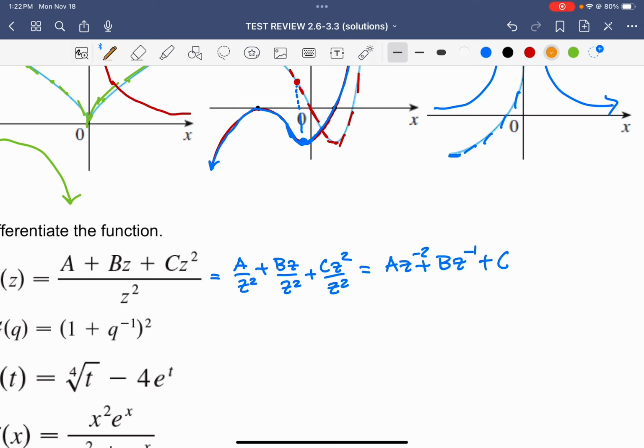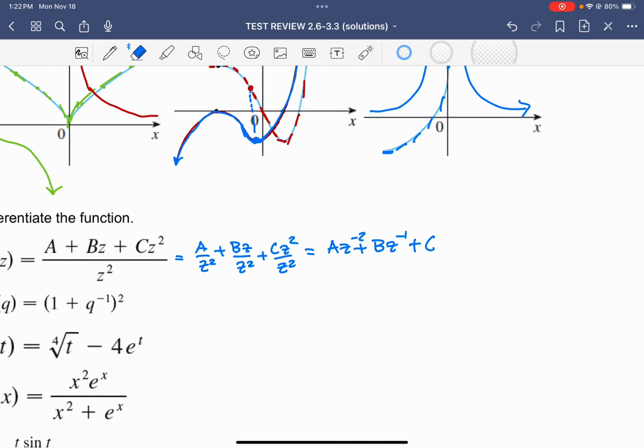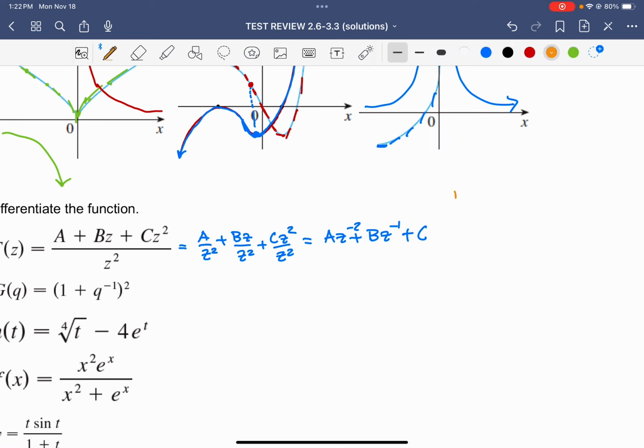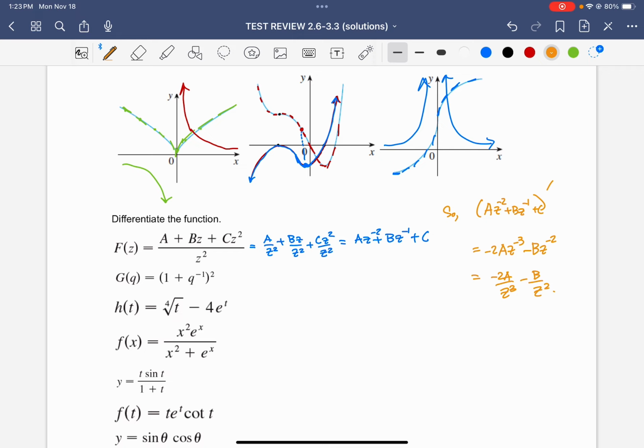So that means if I take the derivative of that thing, so the derivative of az to the negative second plus bz to the negative 1 plus c is just equal to negative 2az to the negative third minus bz to the negative second, and then derivative of constant is 0, so it's negative 2a over z cubed minus b over z squared.